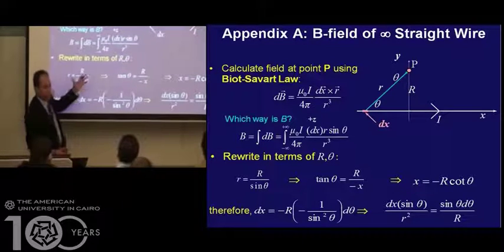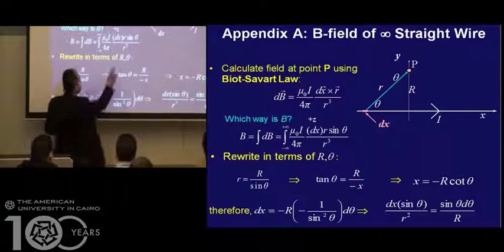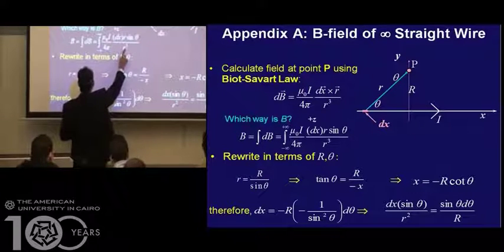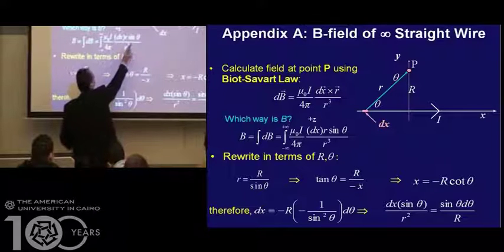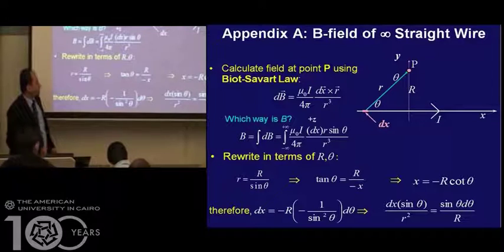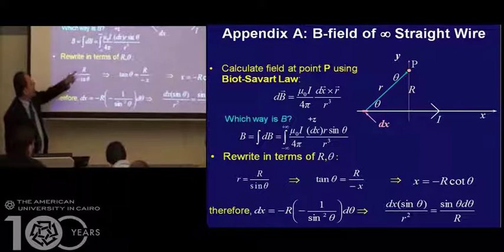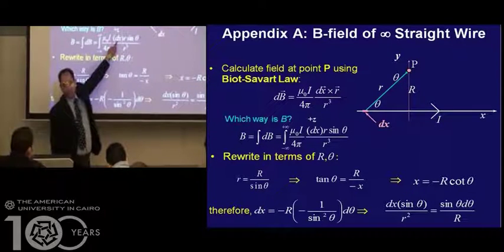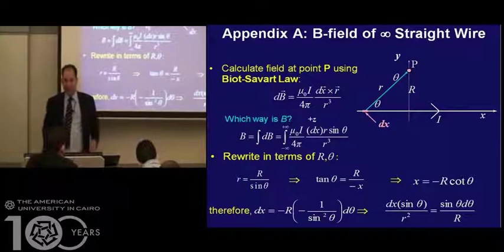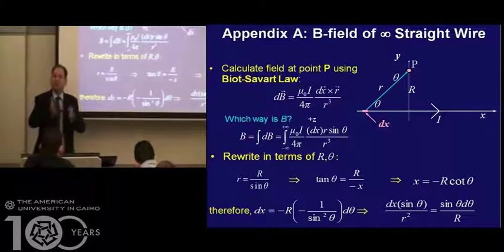If you do this, you get r squared sine squared theta, so we get 1 over r squared sine squared theta. But you still have that dx in there. You have to get rid of that dx somehow.